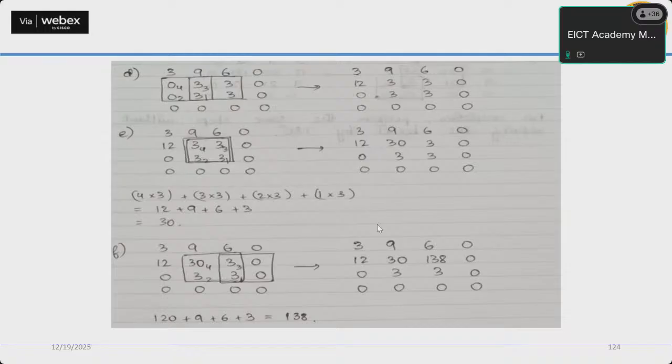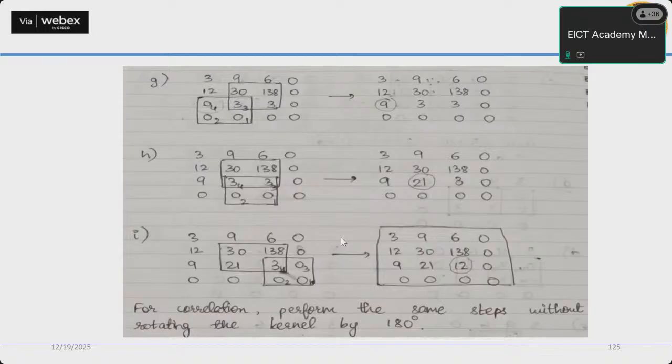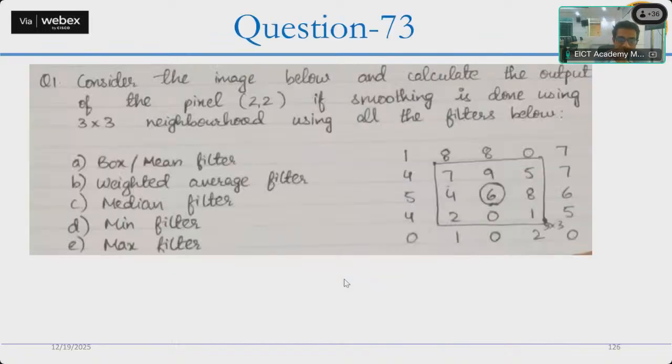Actually, this computation is mathematically a bit larger, but this is the result: 396, 1230, 138, 921, 12, 0, 0. For correlations, you don't need to flip it; you directly take it and calculate.